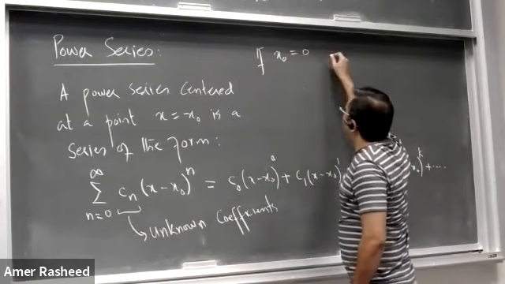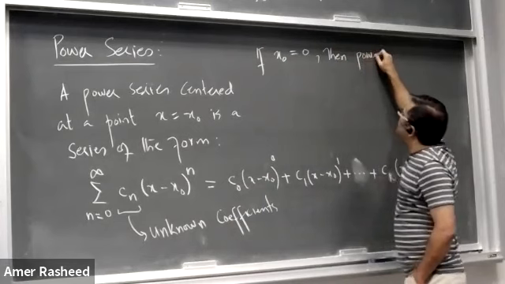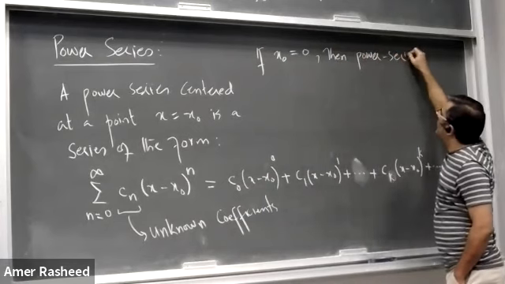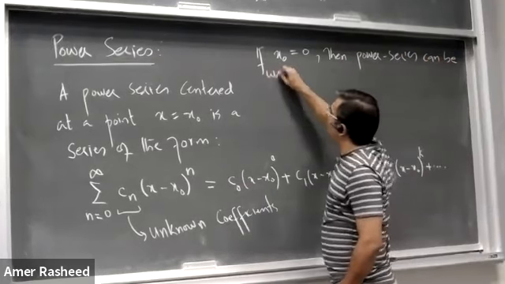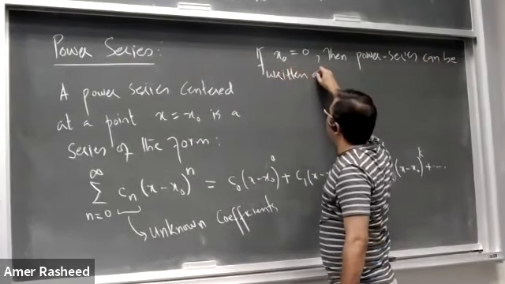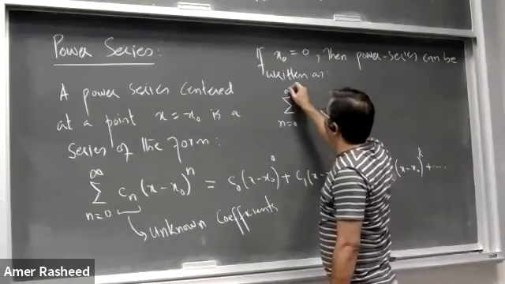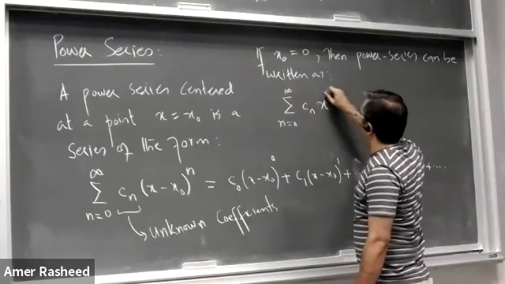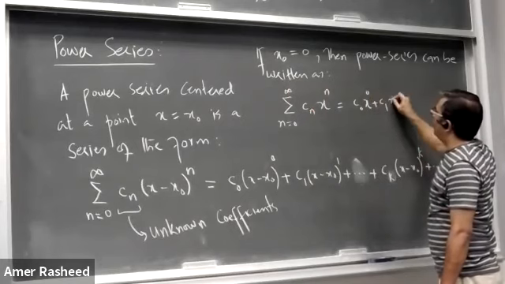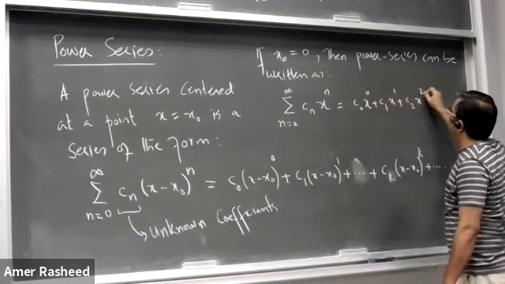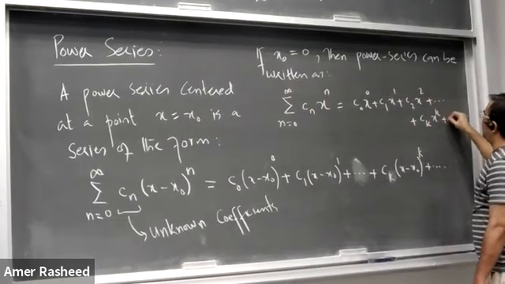0, then the power series can be written as summation n from 0 to infinity Cn x power n, which is C naught x power 0 plus C1 x power 1 plus C2 x power 2 plus so on, plus Ck x power k, and so on.